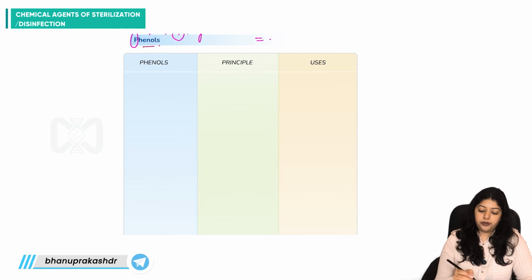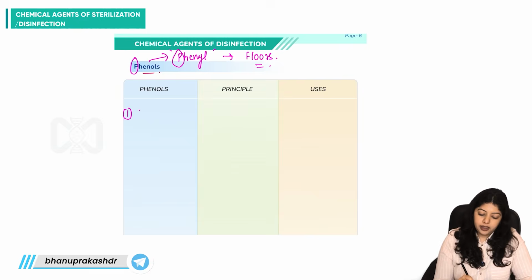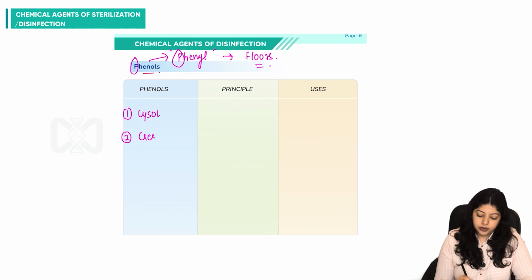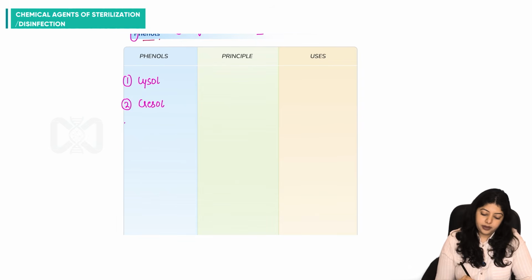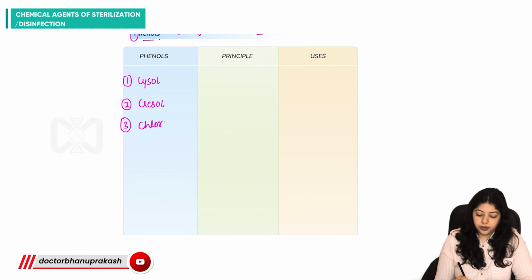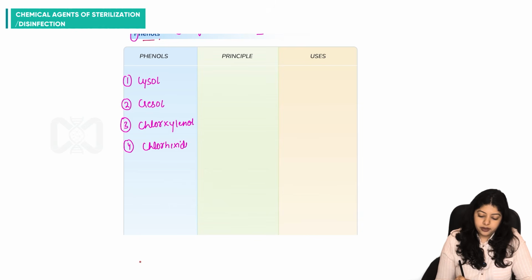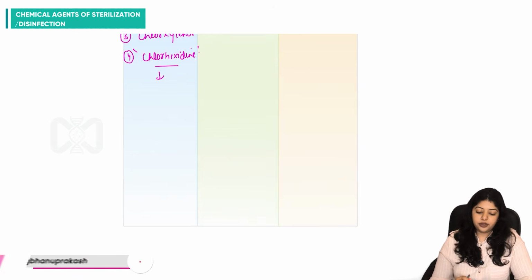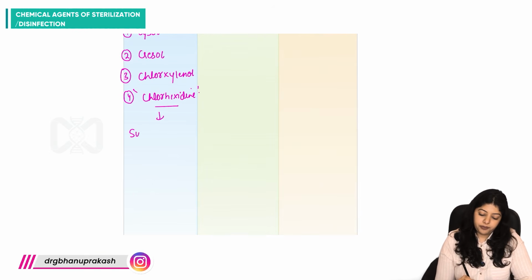So for phenols, we have Lysol, Cresol, chloroxylenol, chlorhexidine. Chlorhexidine, it is a surface active agent.